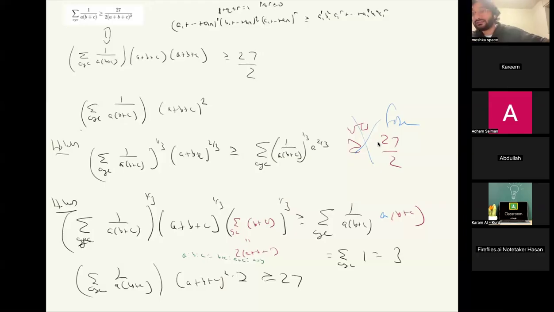But before you move on, to learn how to use Holder, you really have to do 20, 30 examples. You can read the solutions I write, and I'll also link Evan Chen's handout. Once you see 20, 30 examples of Holder, you'll understand how to really use it. But you really have to study the examples. You have to understand for each one, how did I come up with that step?